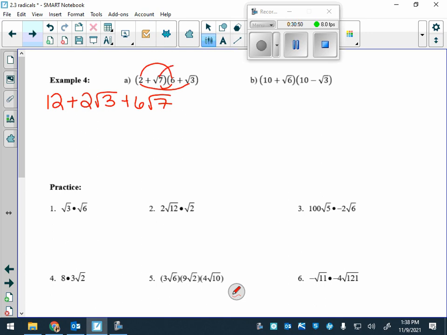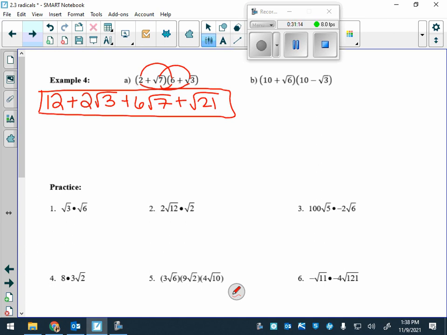And your last, root 7 times root 3 is root 21. Here we can't go any further because nothing else can be simplified. You look to simplify to see if you can combine like terms.